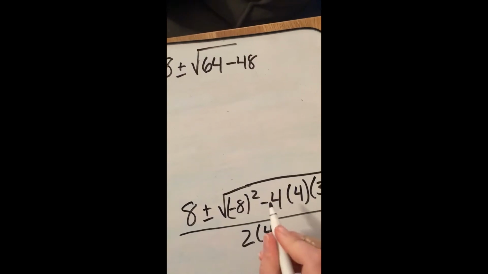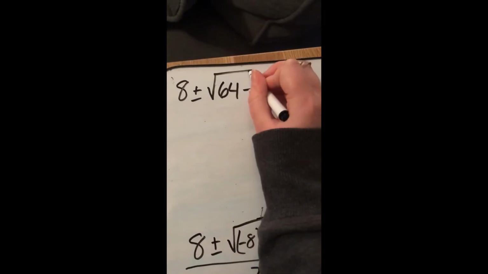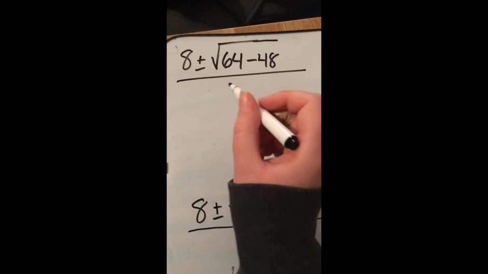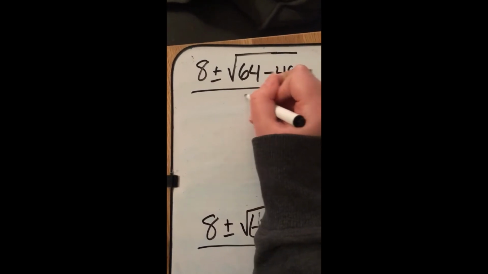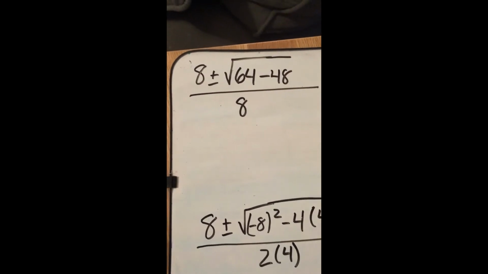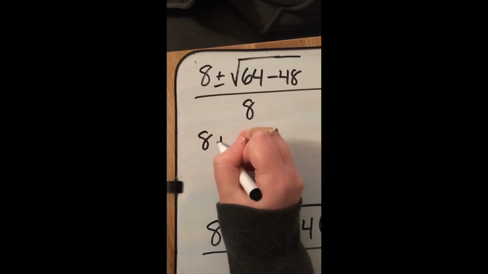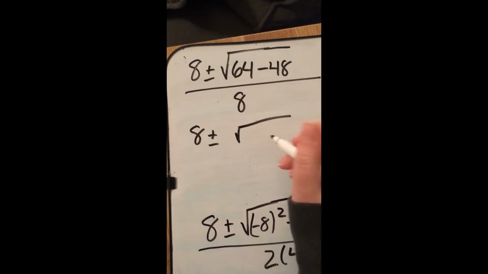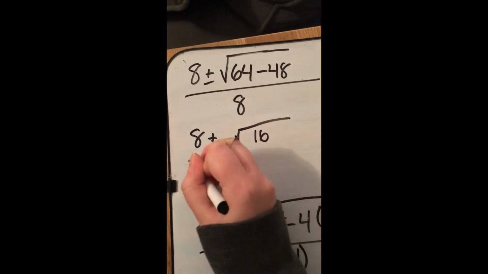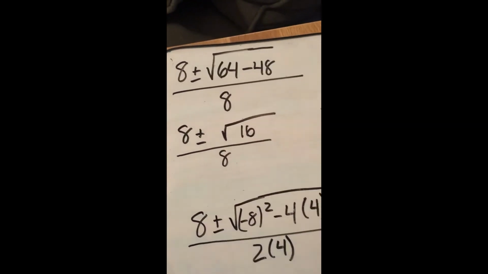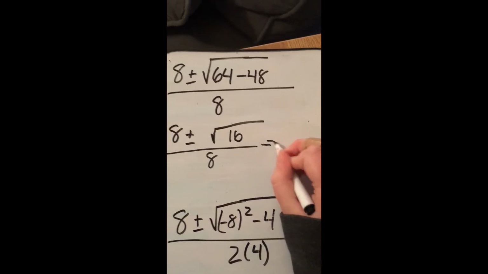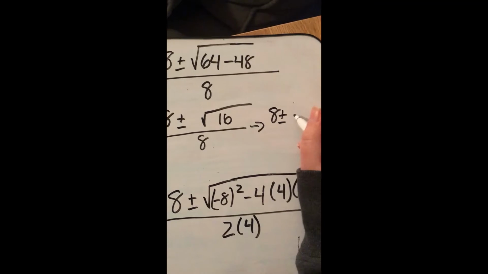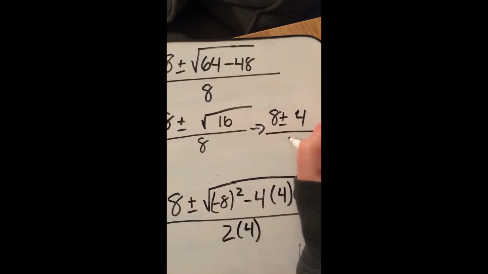Remember to keep the negative 4 in there. All over 2 times 4, which is 8. Let's simplify this again. 8 plus or minus 64 minus 48 is going to be 16, over 8. Simplify it again: 8 plus or minus the square root of 16, which is 4, over 8.